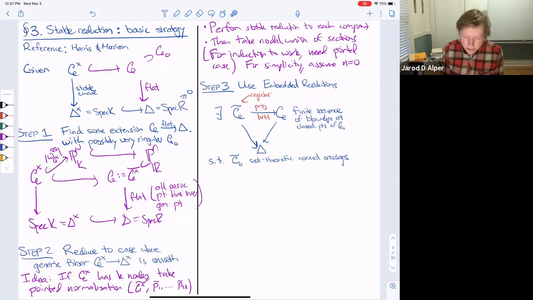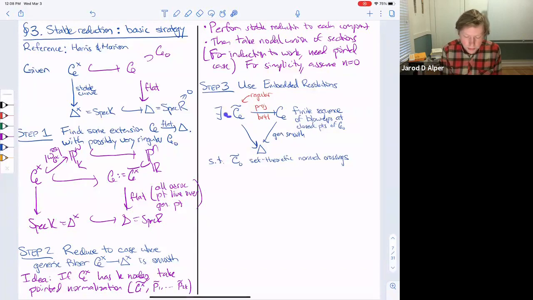And what it gives us is, so here's our original family, smooth generic fiber. So this is generically smooth. And then by taking a finite sequence of blowups of the central fiber, you get a regular model.